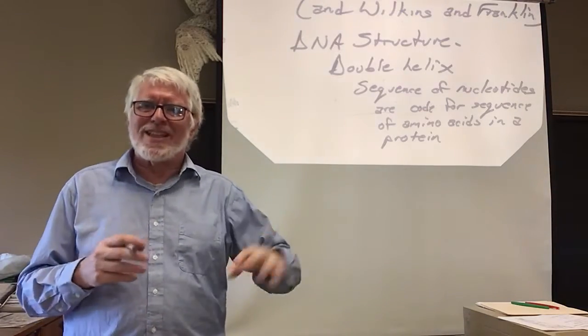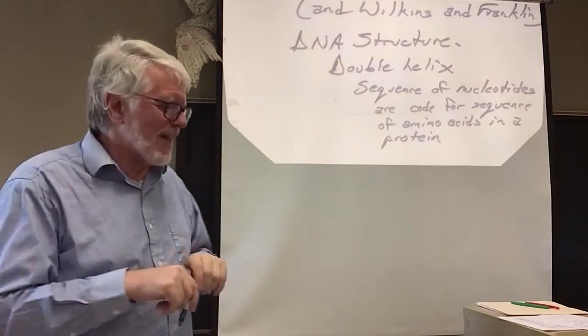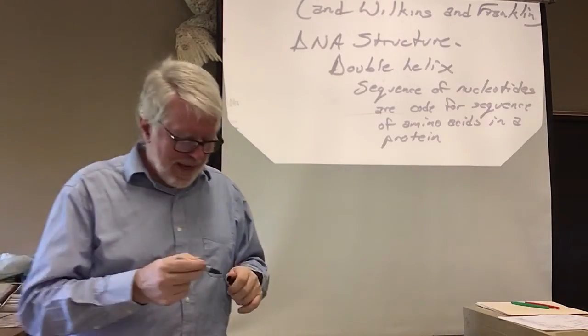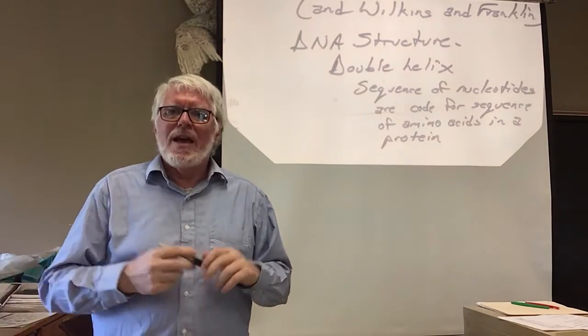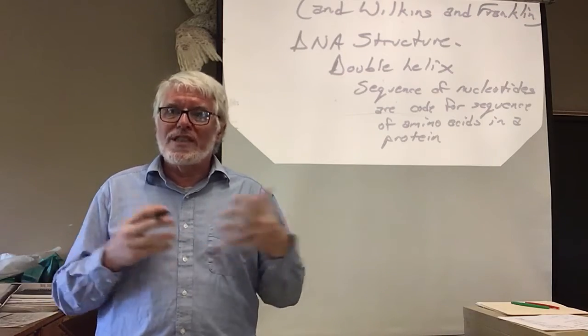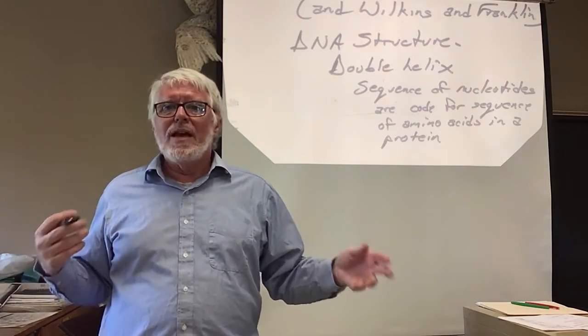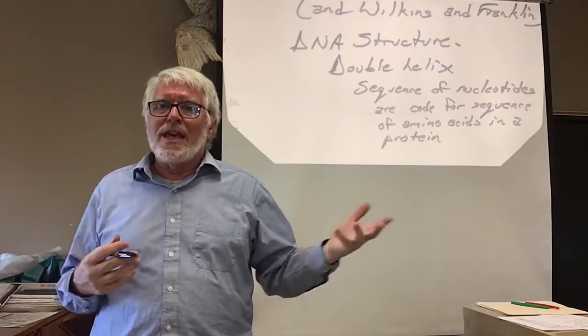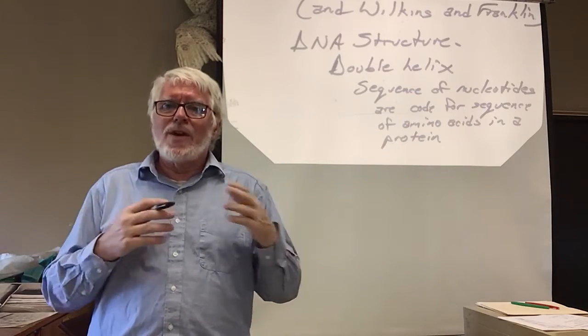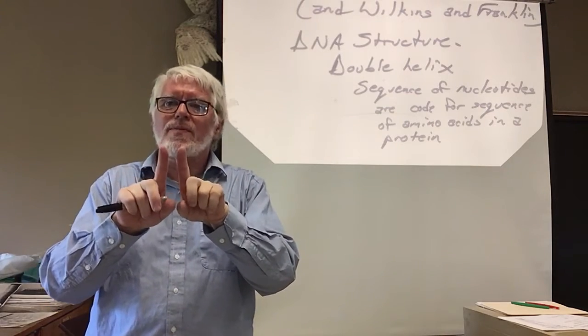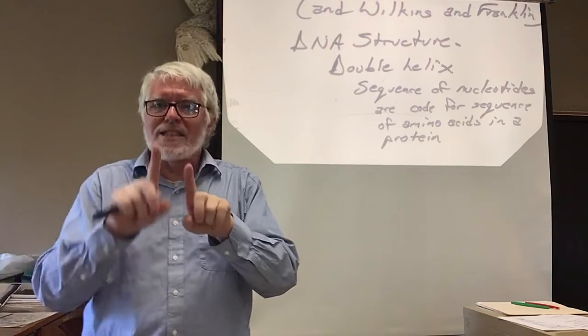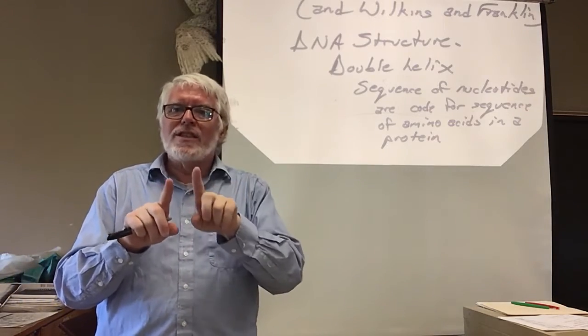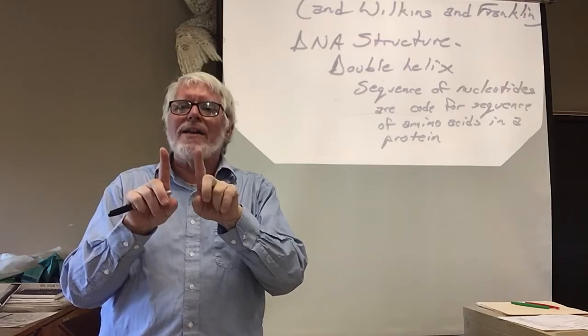It's transcribed first and then it's translated. That's why I paused there. You'll learn that in the second semester in a lot more detail. But it can be translated into the sequence that makes the protein. So this is basically how the DNA code works. And they figured out that you've got two strands, one of which has the code on it, one of which is the flip side.